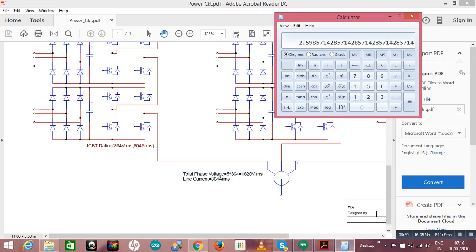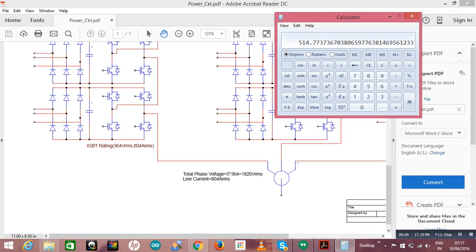Okay, so I feel this IGBT selection is clear. Now what is the input of the rectifier? For this configuration, say I need 364 volt RMS, so you multiply by √2. This is my VDC. This VDC I want actually.